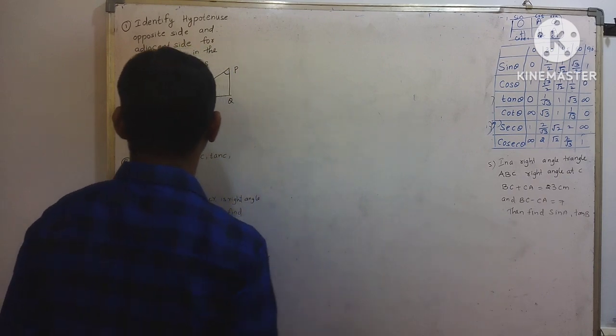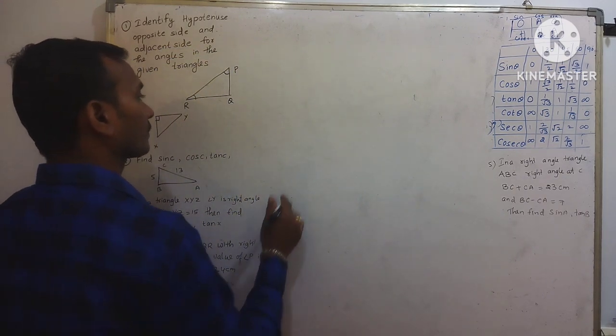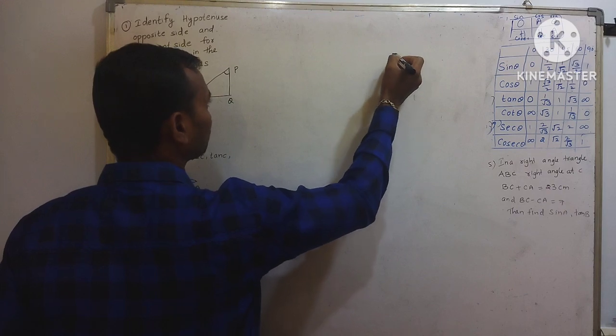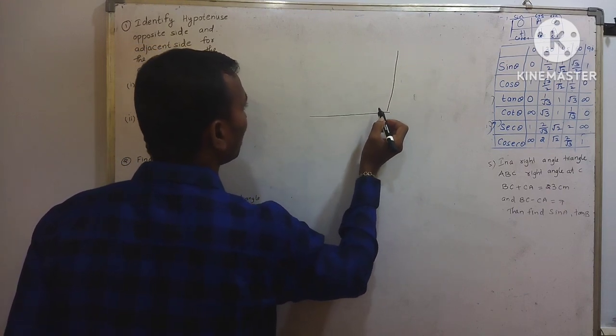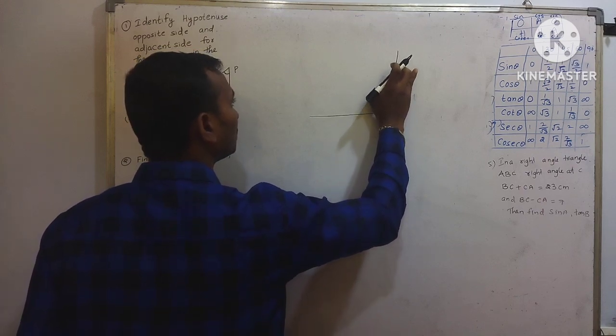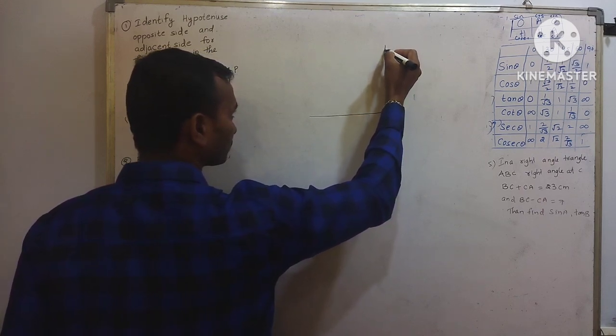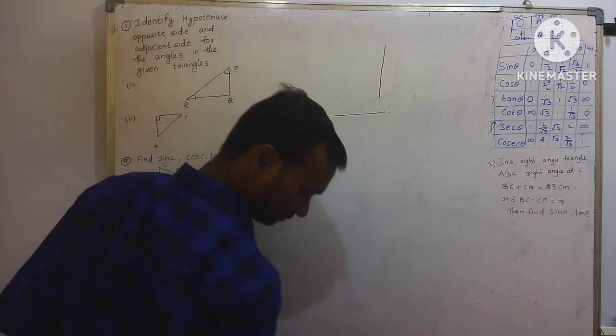Next, question number 2. In the triangle XYZ, identify the hypotenuse, opposite and adjacent sides is the question.